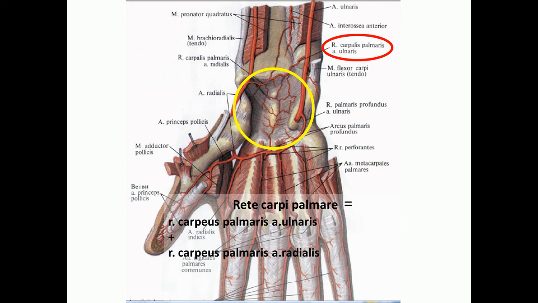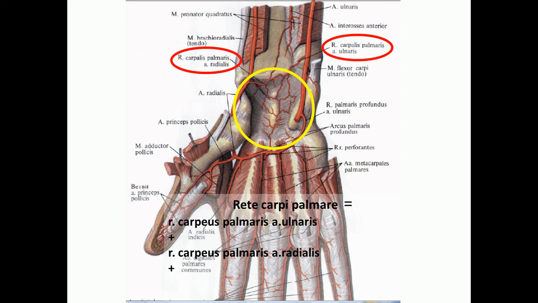Plus ramus carpius palmaris from arteria radialis. Here it is. So they are communicating with each other, making anastomosis here.